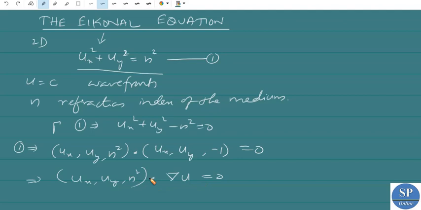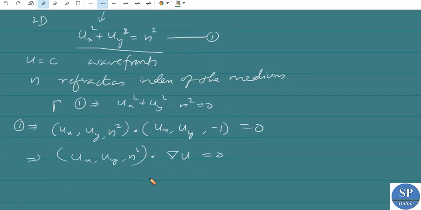Now from this we can say that the vector ux, uy, n square describes a direction which is tangent to the solution surface, because u equal to u of x y is the solution surface of our equation 1. Now we know that del u is the gradient of u, and the gradient of u is normal to the solution surface.